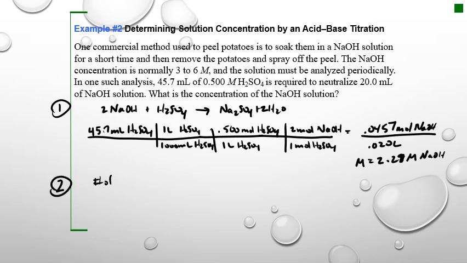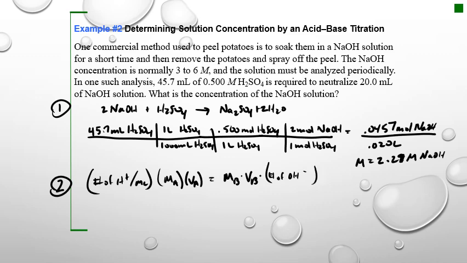So I have my number of H plus ions per molecule multiplied by the molarity of the acid times the volume of the acid equals the molarity of the base times the volume of the base times the number of OH minus ions. Okay, so I have 2 hydrogens, again the H2SO4, 2 hydrogens times the molarity, 0.500 molar.